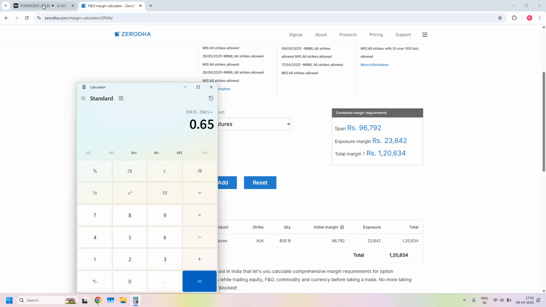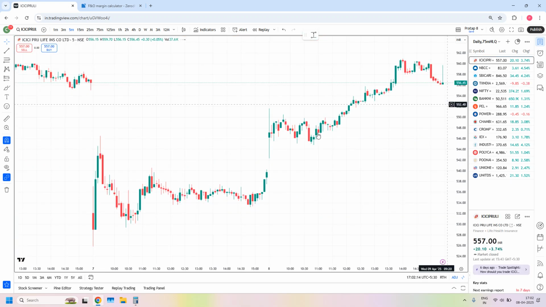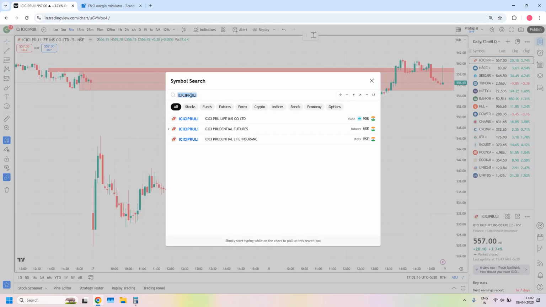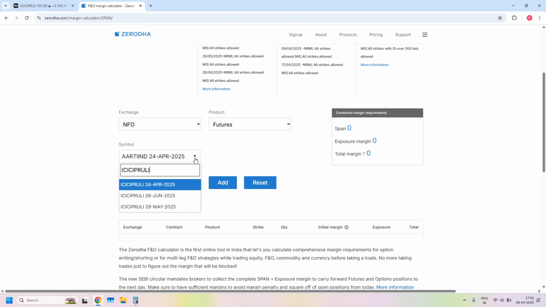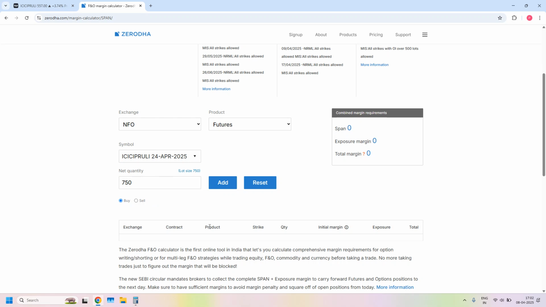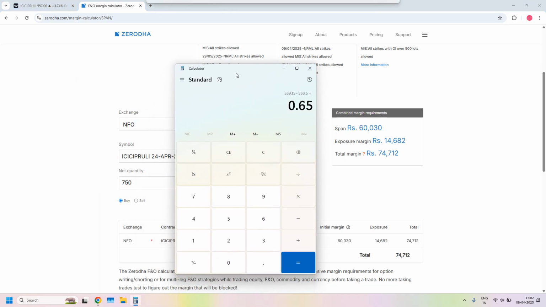So what is the cost of ICICI Prudential? What is the margin cost and also the lot size? Let us check. ICICI Prudential APR future, 750 is the lot size.